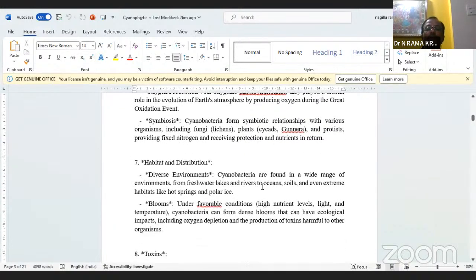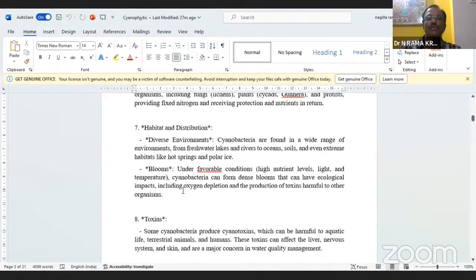And next one, distribution and habitat. This cyanophytic algae, almost all, as I already told, has a cosmopolitan distribution all over the world. Cyanobacteria are found in a wide range of environments, from freshwater lakes, and next rivers, to oceans, meaning cosmopolitan distribution.